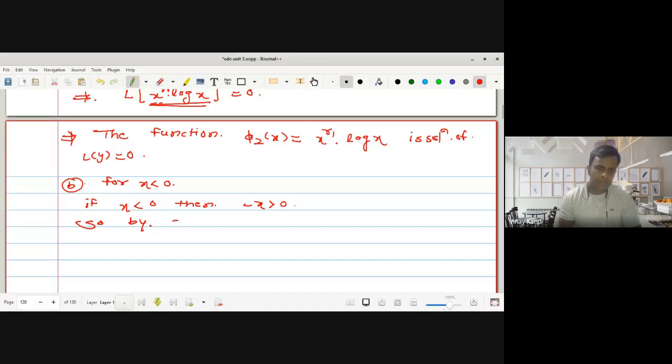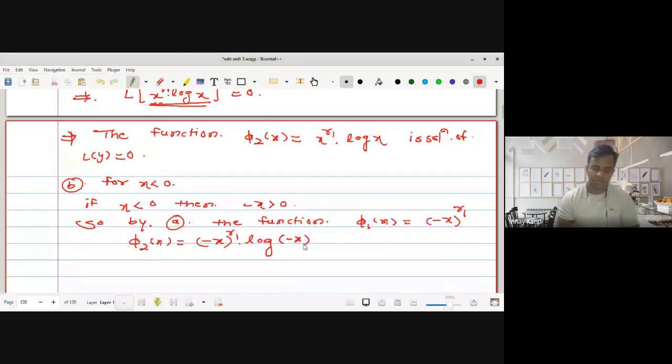So by part A, the function phi1 of x is equal to minus x raised to r1 and phi2 of x is equal to minus x raised to r1 into log of minus x are solutions of L of y is equal to 0.